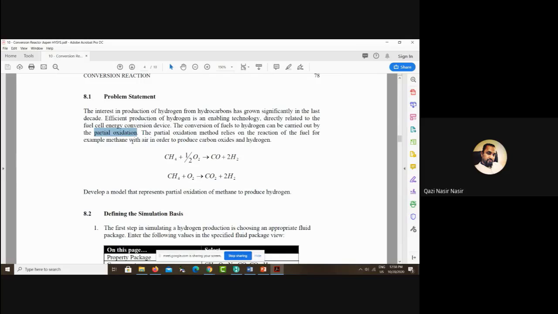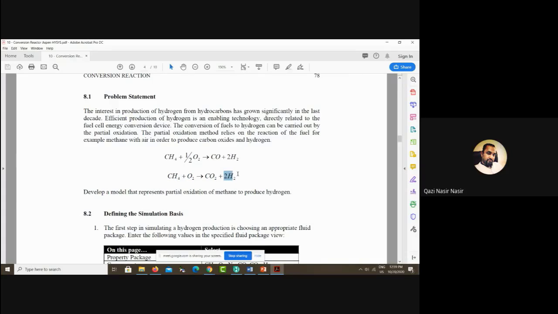By partially oxidizing methane, you will get carbon monoxide and hydrogen. This is the first, or main, reaction. In the second reaction, the leftover methane is again oxidized, and they produce carbon dioxide and hydrogen.